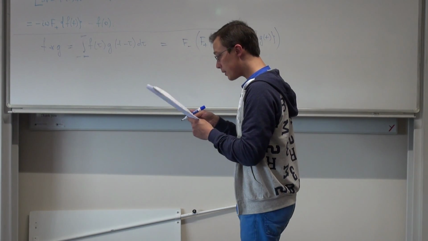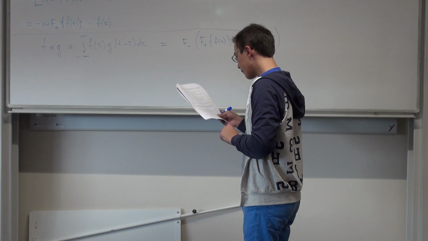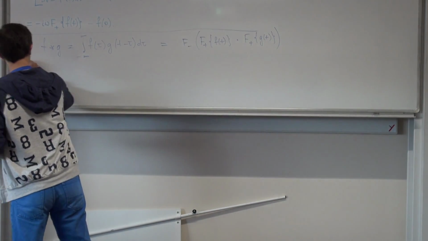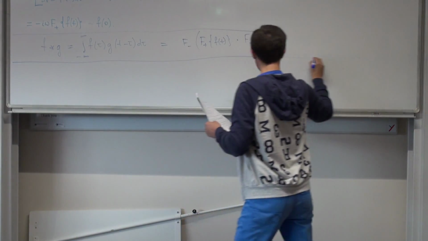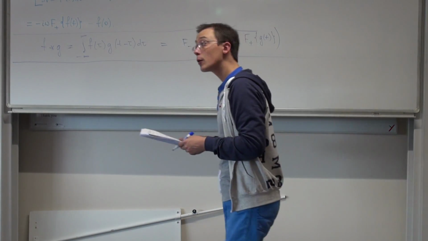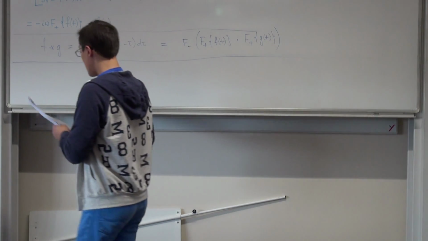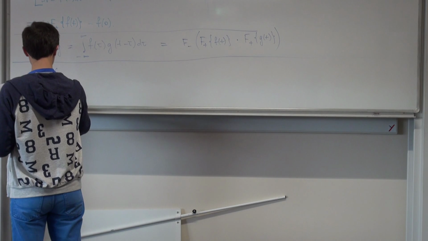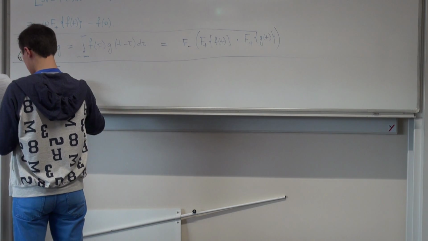Now, one particular corollary is the Wiener-Khinchin theorem, which is useful for evaluating correlation functions, in particular autocorrelation functions. So in statistics, an autocorrelation function is the following.